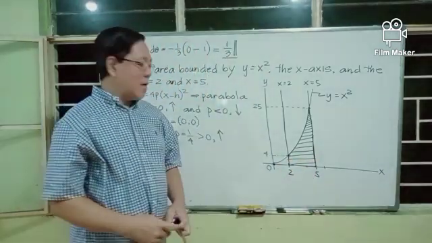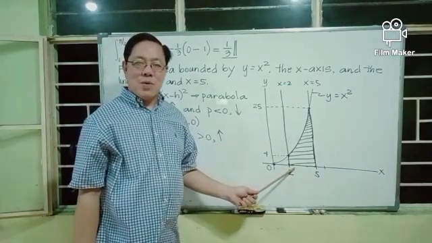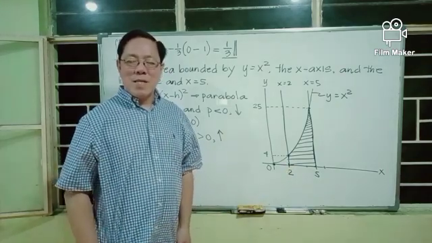The shaded portion of the graph is the area that we want to find, and we will find this area using definite integration.